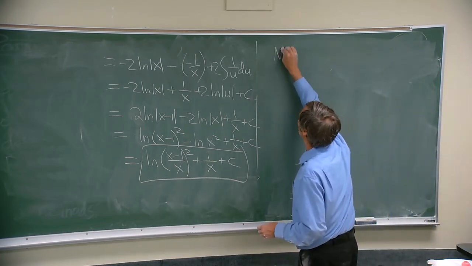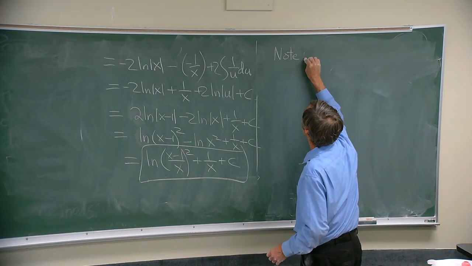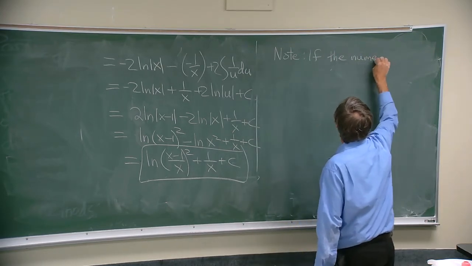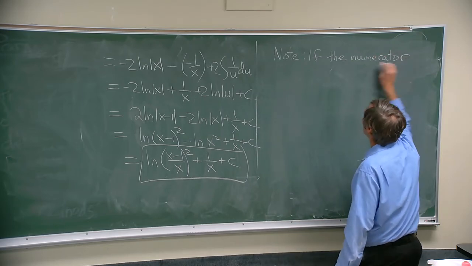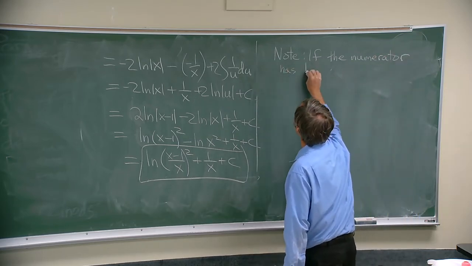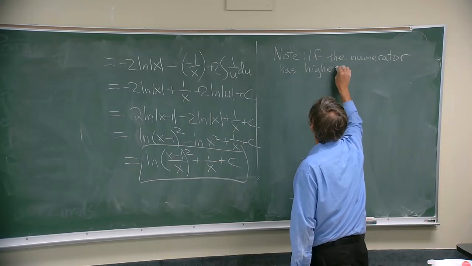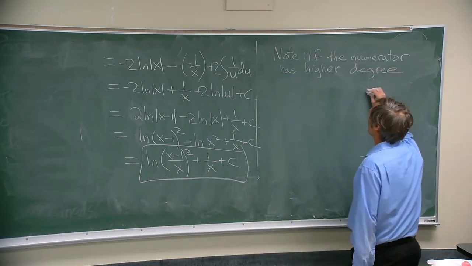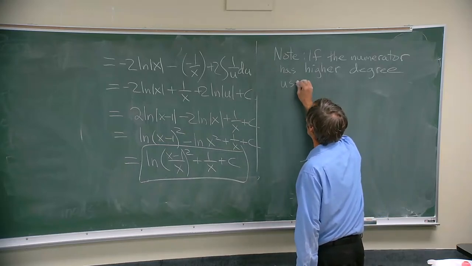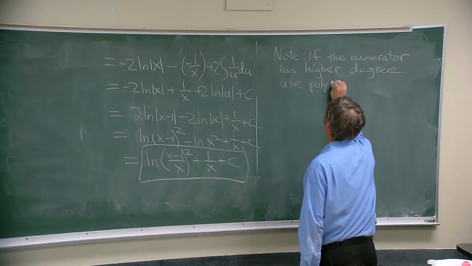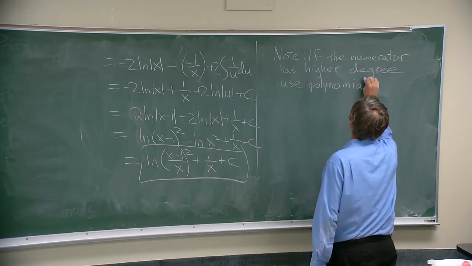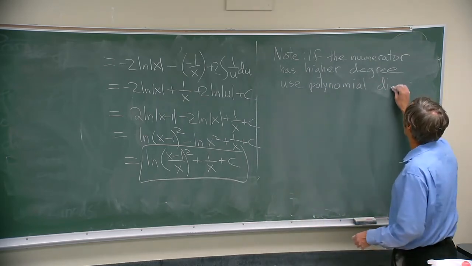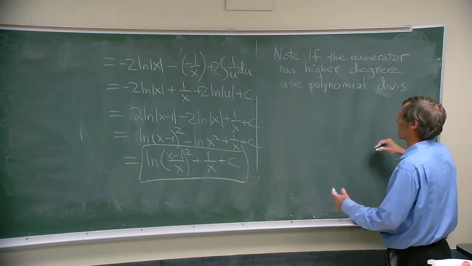Well, I don't have time for a whole problem, but I can do one more illustration here. We made the note before, if the numerator has higher degree, what do you do to integrate it? What you should do is use polynomial division, which you saw in algebra.